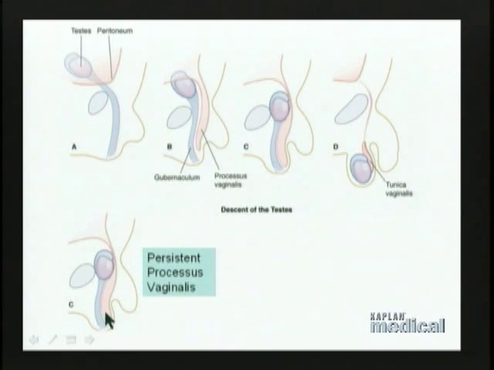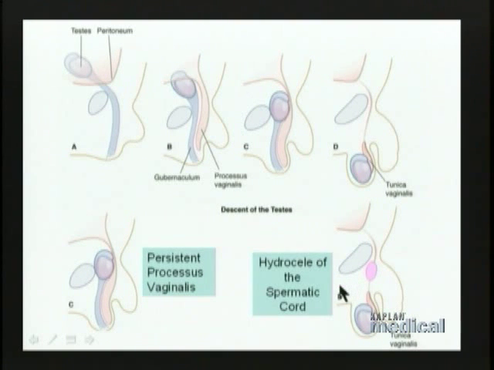So a congenital inguinal hernia is typically a result of a persistent processus vaginalis, a failure of the processus vaginalis to fuse, and a fluid-filled cyst-like structure, and we call that a hydrocele of the spermatocord. So a hydrocele of the spermatocord is a result of incomplete fusion of the processus vaginalis.